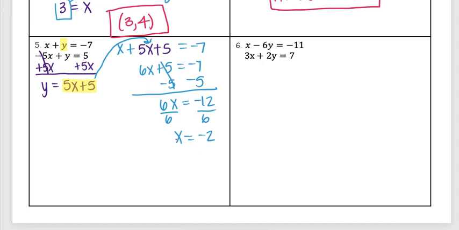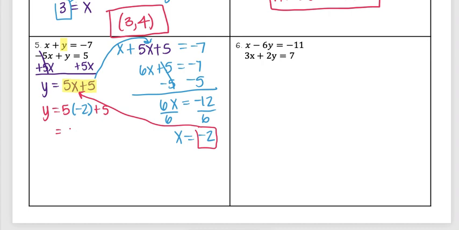And now I have my x value, so I'm going to go ahead and plug in this value for x into the equation I just isolated already. So this is nice, y is already isolated. So now over here I'm going to have y is equal to 5, instead of x, I'm going to have negative 2, plus 5.